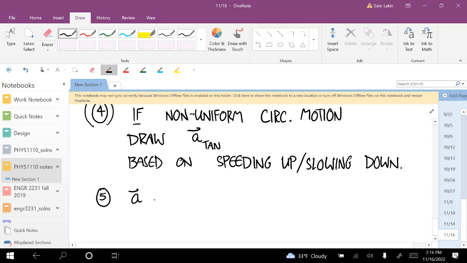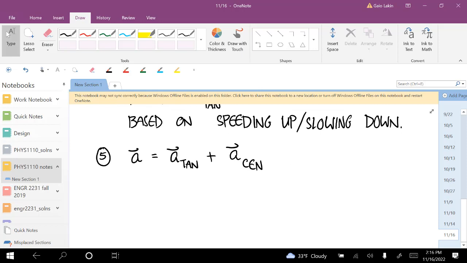The total acceleration is just the sum of these two parts. And now once you've done that, draw a free body diagram of the object and use Newton's second law. So that 7-step process is just what you need to do on every one of these problems.